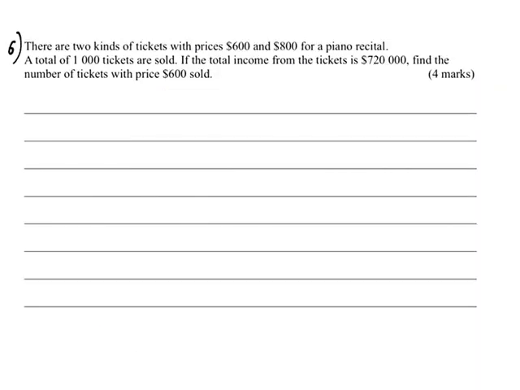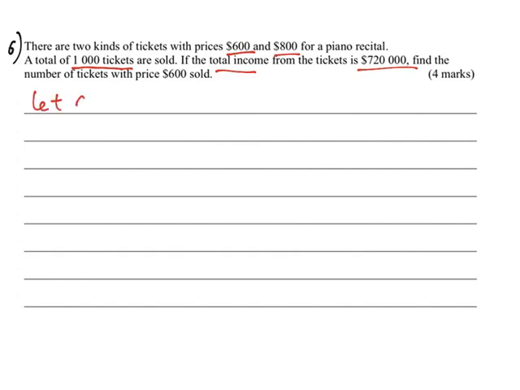Next question is about the simultaneous equation. We know there are two kinds of tickets. Price 600 and then 800. In total we have 1,000 tickets. The total income is 72,000. Then find the number of tickets with the price $600 shown.